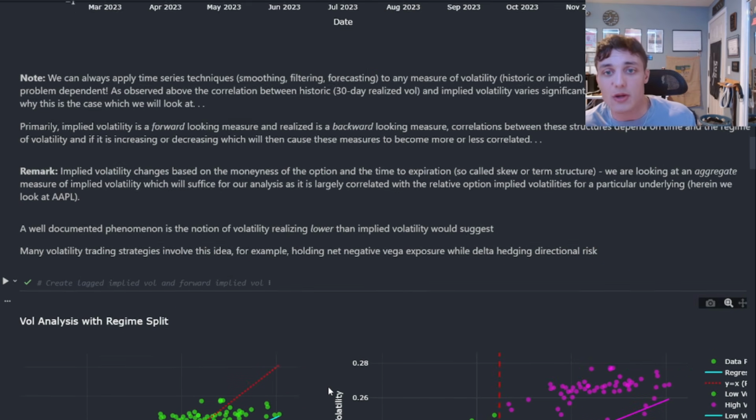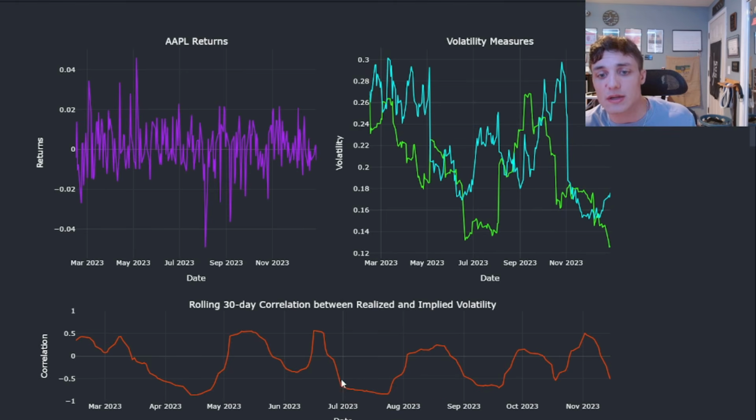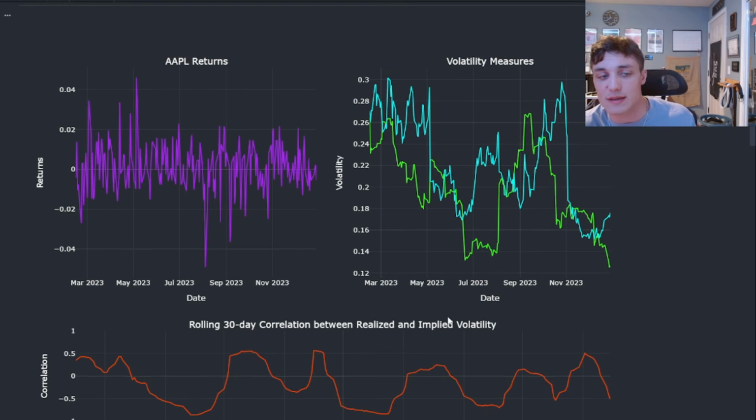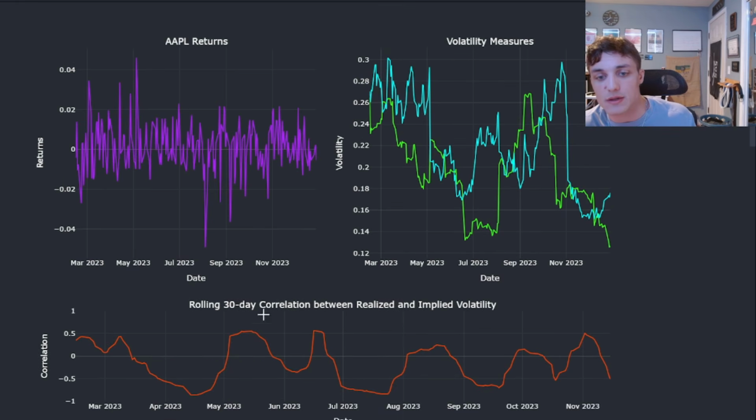So if we go back here, we can see, yeah, the correlation between realized and implied volatility. Maybe there's some sort of relationship here where as things tend to heat up, realized volatility gets higher and implied volatility gets higher. As uncertainty and fear both increase, both measures are likely to increase. That'll increase this rolling correlation.